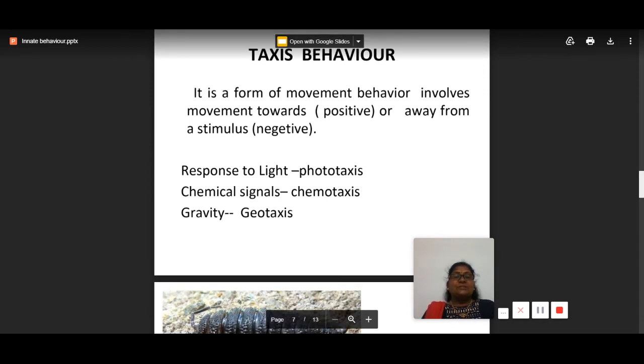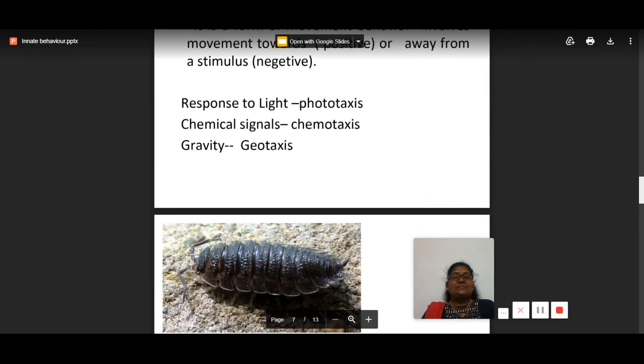Some examples: the animals move towards the light or away from the light. If the response is towards the light, that is phototaxis. If the stimulus occurs by chemicals and the response occurs, that type is known as chemotaxis.